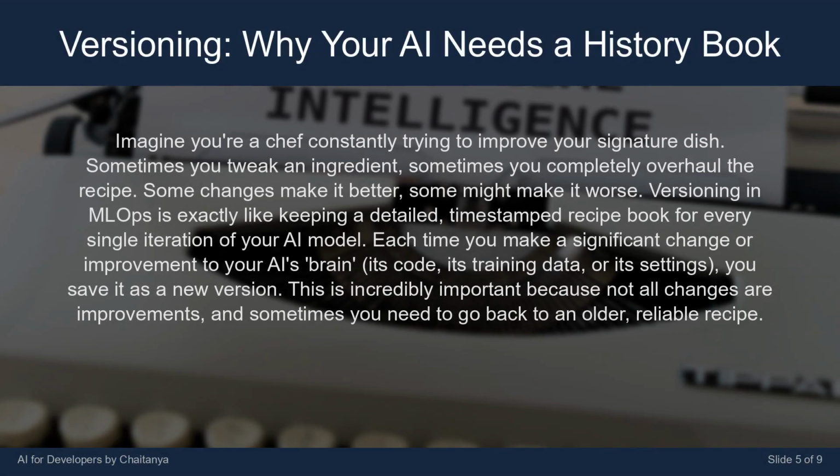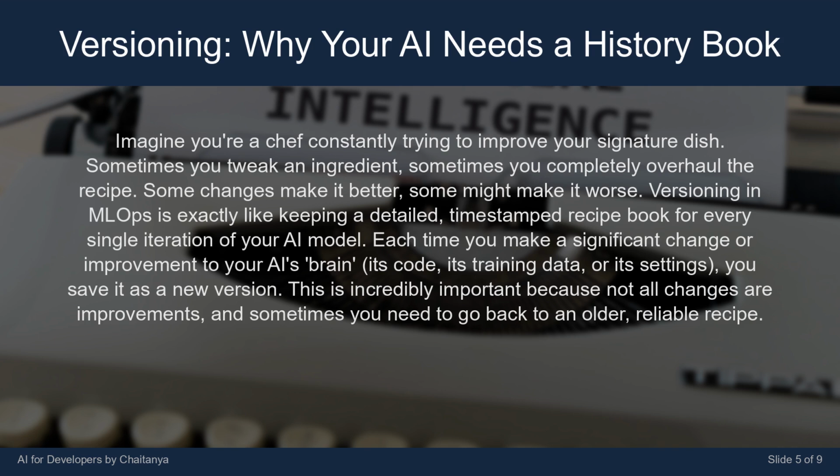Imagine you're a chef constantly trying to improve your signature dish. Sometimes you tweak an ingredient. Sometimes you completely overhaul the recipe. Some changes make it better. Some might make it worse. Versioning in MLOps is exactly like keeping a detailed, time-stamped recipe book for every single iteration of your AI model.